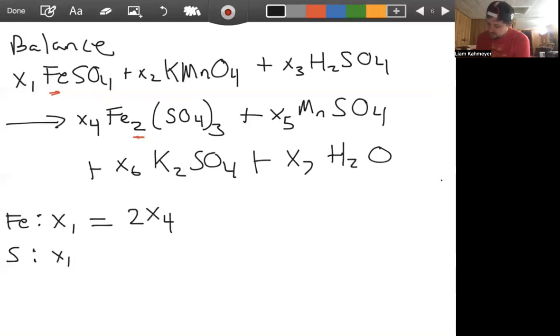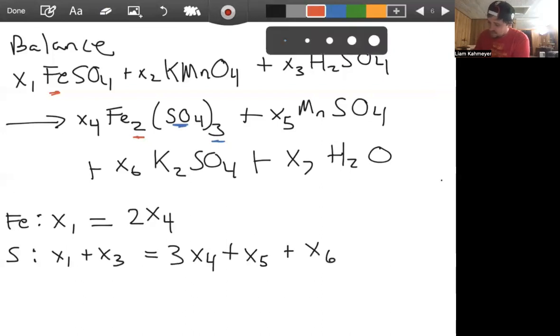Then we have 1 in the third, so X1 plus X3, and this needs to be equal to, now notice there is S in the SO4 here, but there are 3 of the SO4, which means really we have 3X4, and then plus X5 plus X6, because we have S in the X5 term and the X6 term.